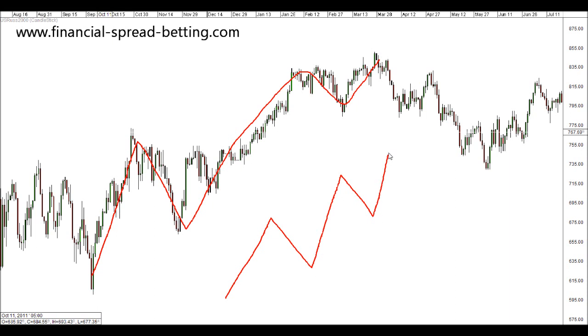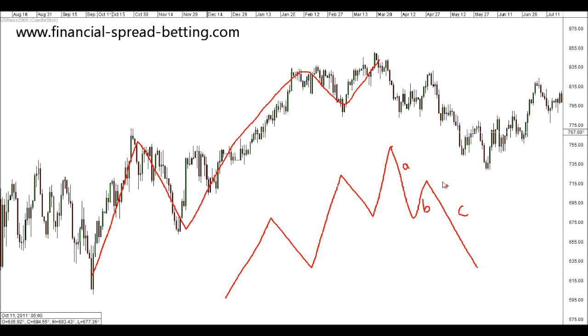We have our 5-3 wave formation. We will then have our ABC correction, the zigzag formation, which could look something like this. We have A, B, and C. So A, B, and C.